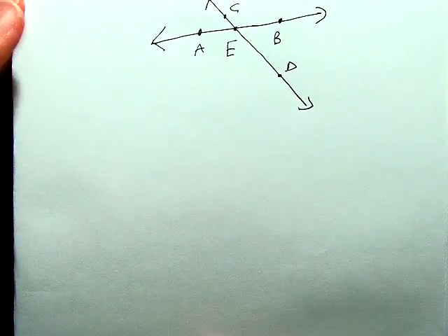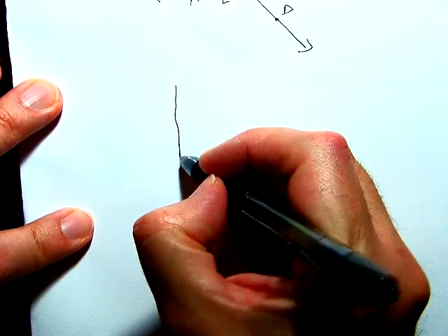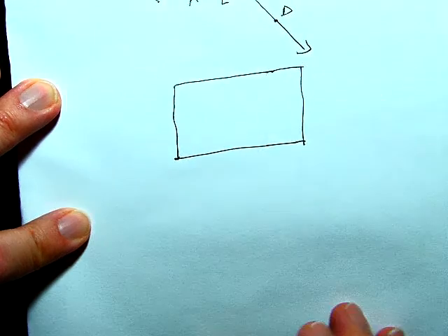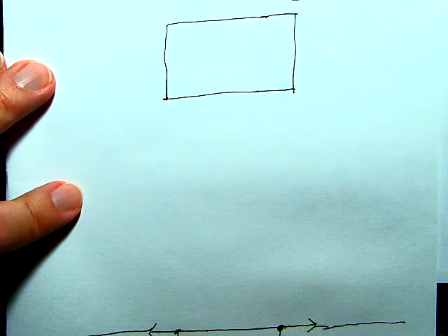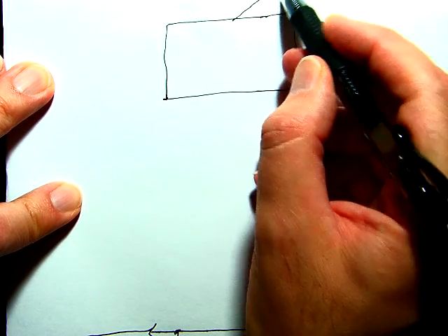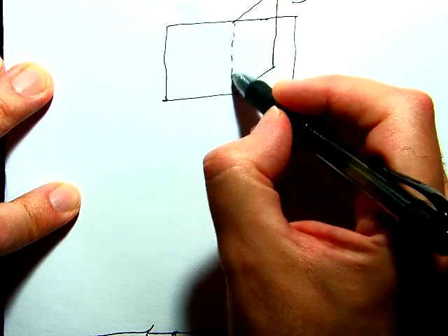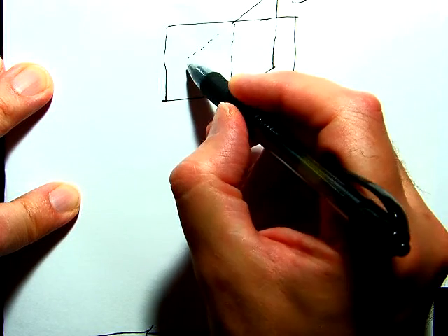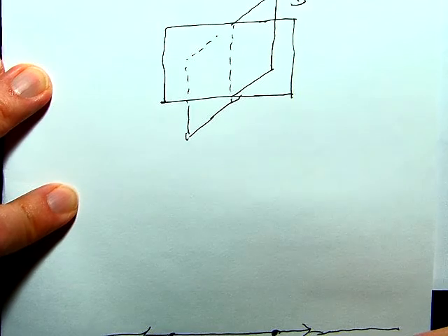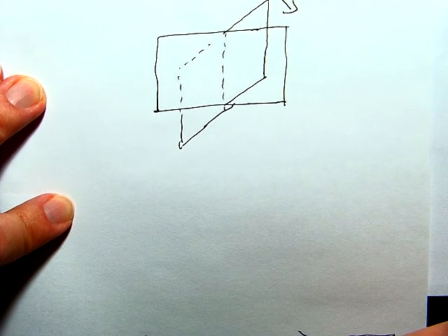Now you can also have intersection of planes. So let's say we had one plane here. This is a flat surface. And then let's say we had another plane on an angle to that plane, crossing it like that. Picture the pages of a book.